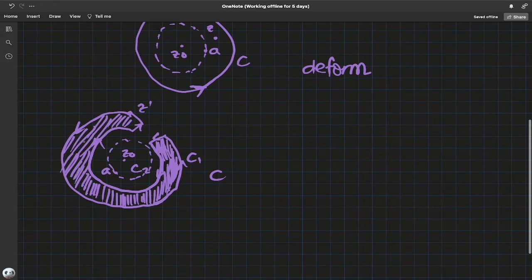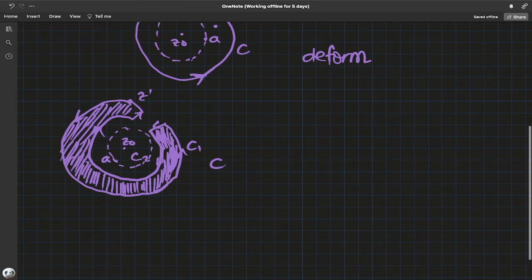I want to avoid these poles, like the one at A, as much as possible. And you'll see in a bit why I'm doing this and why I'm also skipping over Z0. Okay, so f of z can now be written as this deformed integral of the two contours, C1 and C2.